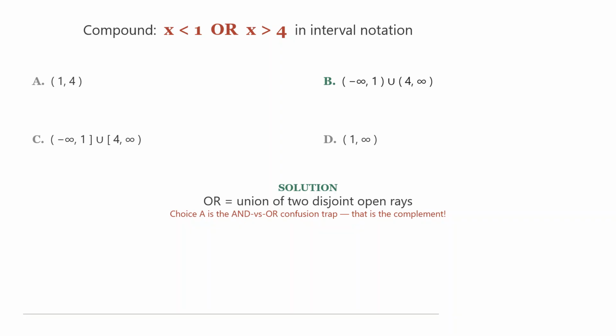Strict inequalities give open parens on the finite endpoints. Infinity always gets a paren. Choice A, the open interval from 1 to 4, is the and versus or confusion trap. That is, the complement of the correct answer, the bounded interval between the rays. Choice C silently includes the endpoints, which the strict inequality forbids.